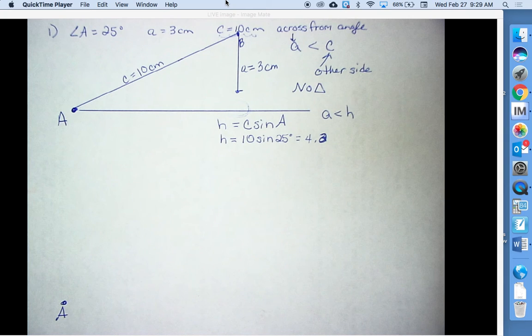You might not get through all of them. So I'm going to give you about 10 minutes. You might not get through all of them in 10 minutes, but I want us to have enough time to make sure we can summarize this information so we know why a triangle is created or why a triangle is not created. So make sure you're comparing your side across from the angle, which is side A, to the other side.